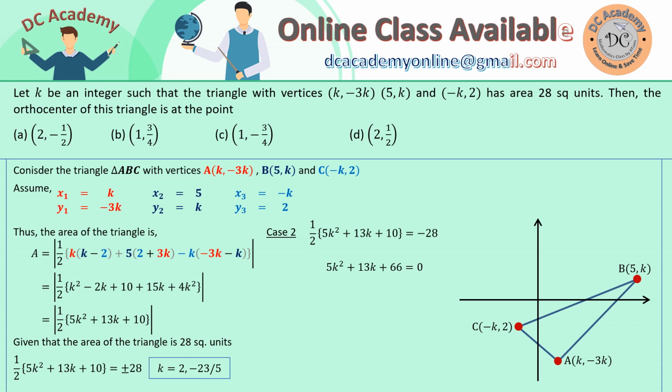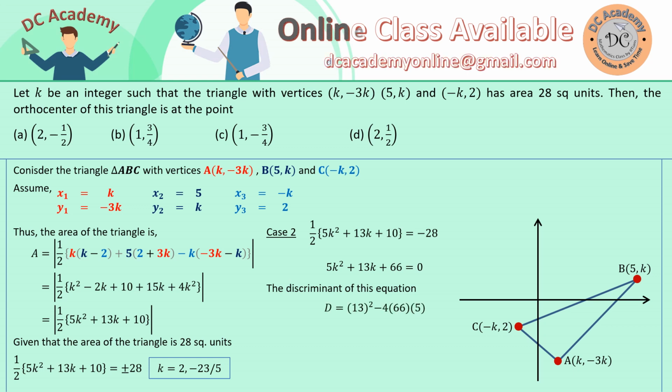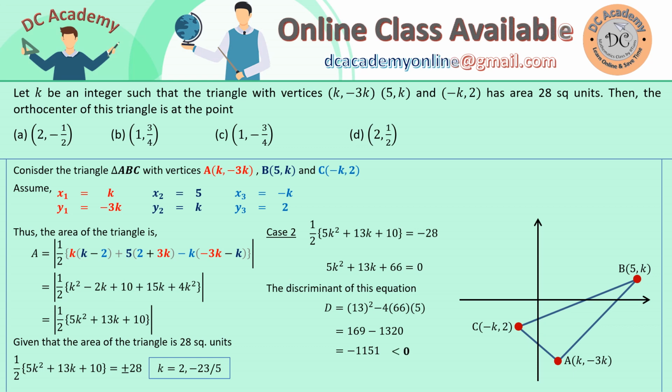But before applying that, let's find the discriminant for this case, that is b square minus 4ac. What is b here? 13. 4ac is 4 times 5 times 66. If we calculate that, we find that D is negative. So the given equation doesn't have any real solution. Here we are working with straight lines, so k must be real, and it is given that as well.